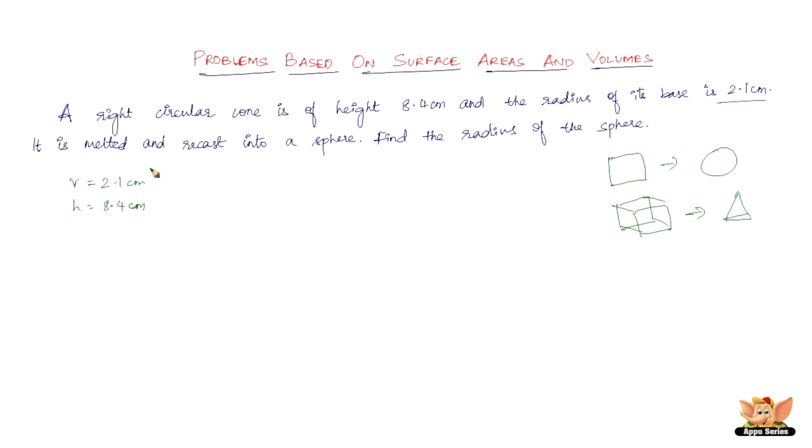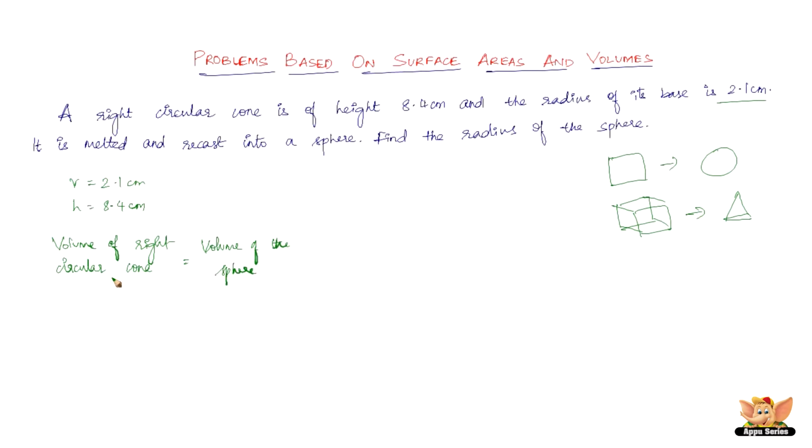So the volume of a right circular cone is nothing but, okay, let me write this statement. Volume of right circular cone equals volume of the sphere, right?